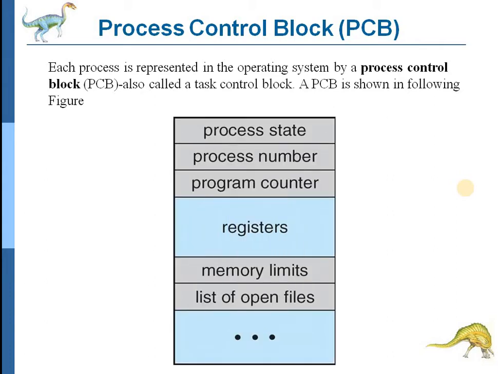PCB contains information like process state, process number, program counter, registers, memory limits, list of open files, IO status information, accounting information, CPU scheduling information, and memory management information. When a new process is created, its new PCB is created.